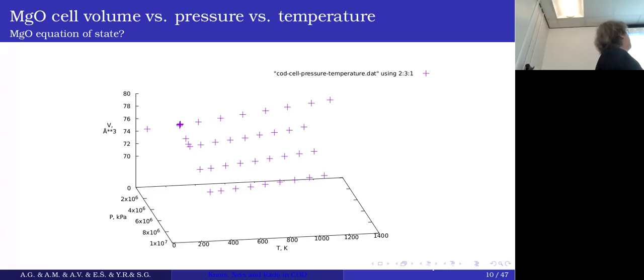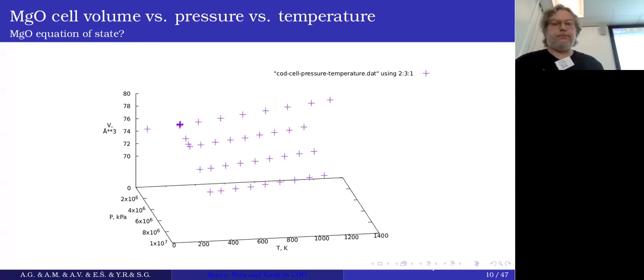You can fit these multiple experiments published in different papers, and you can now see how the volume depends on pressure and temperature. And you see this is the room temperature, the most common value, but then there are a series of experiments which people did for dedicated conditions.